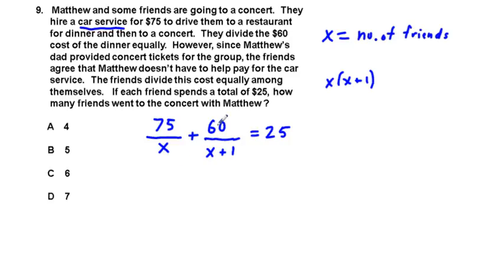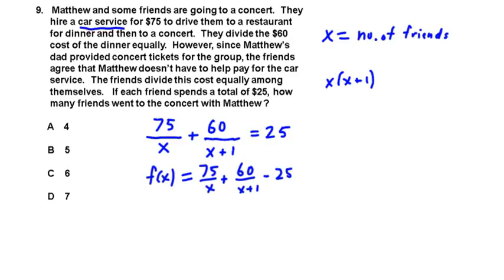We can enter this in our calculator and solve graphically. We're going to enter this in our calculator as f of x equals 75 over x plus 60 over x plus 1 minus 25. So it's like we're solving this equation for 0.